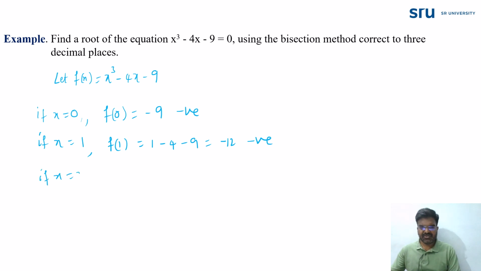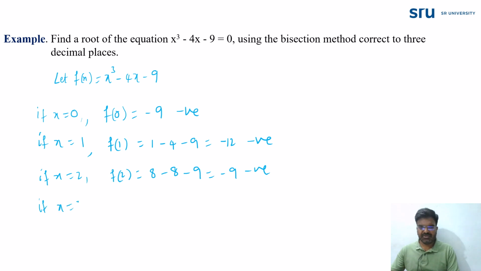If x equal to 2, f of 2 equals 8 minus 8 minus 9. Again, it is negative. See, you have to continue this process until you get opposite signs for two consecutive numbers.